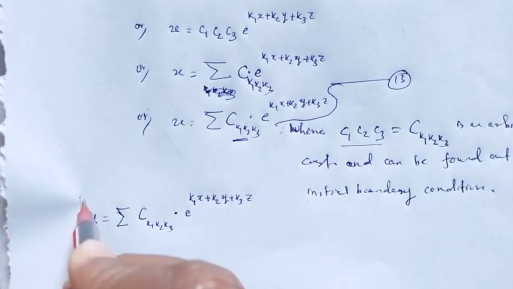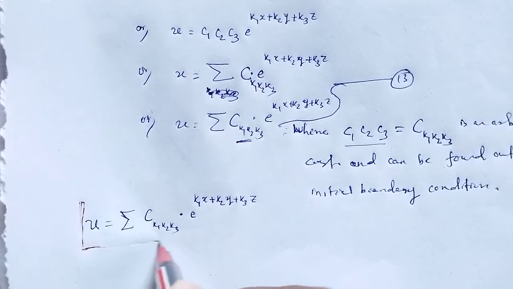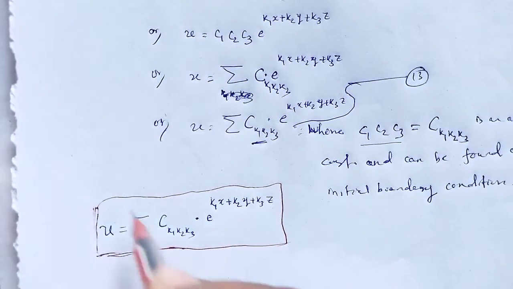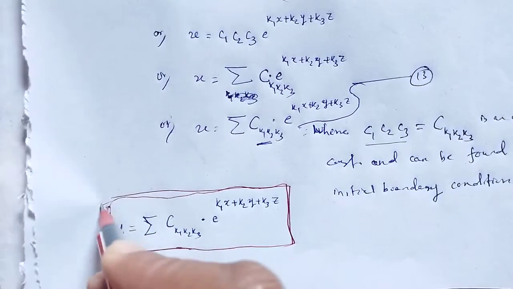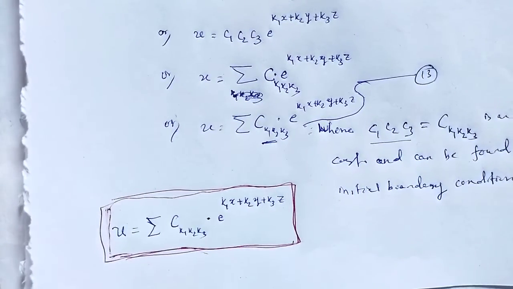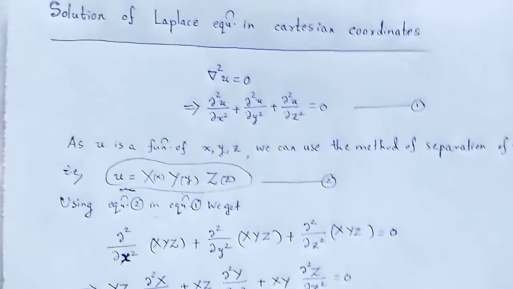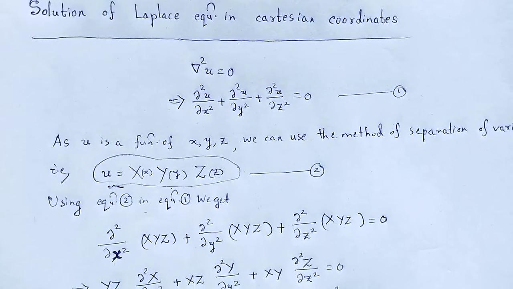It is the solution of that Laplace equation in Cartesian coordinates in 3 dimension. So, with the help of this video lecture, we understand what should be the solution of Laplace equation in Cartesian coordinates.